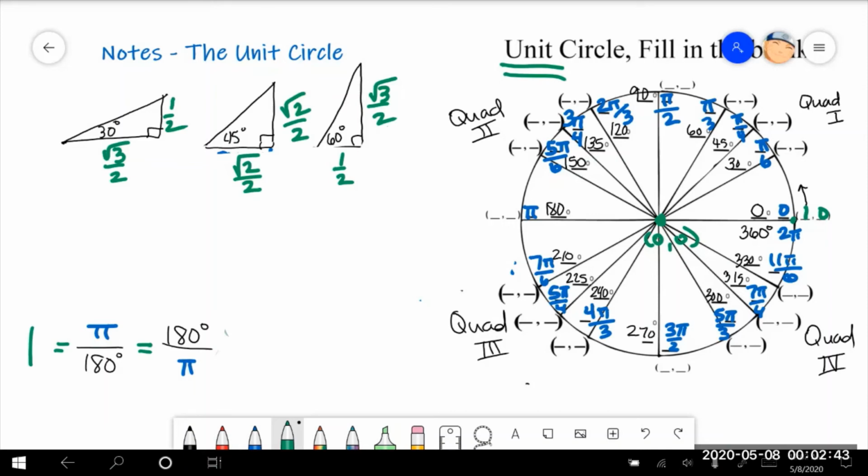So if I come up here to 90 degrees, again, thinking about the origin, I've moved up 1 on the y-axis and I've gone nowhere on the x, so that's 0, 1. Moving out to the left over here, I've gone to the left -1. And I've gone up and down nothing, so that would be 0.